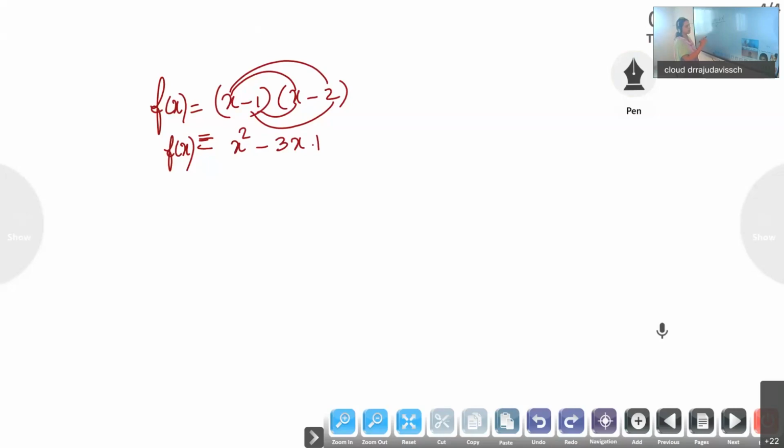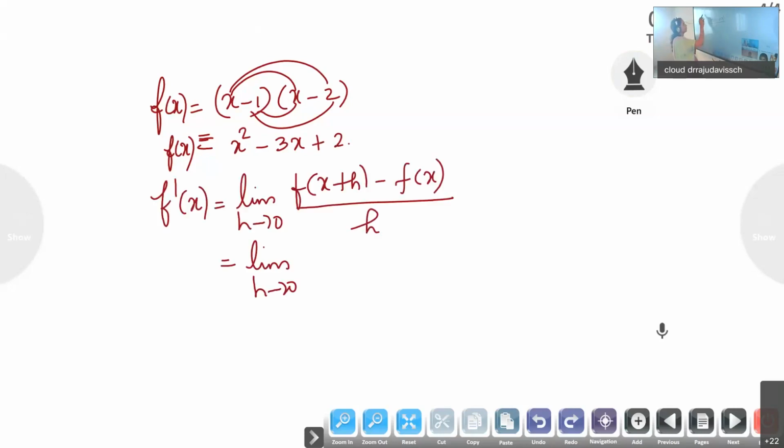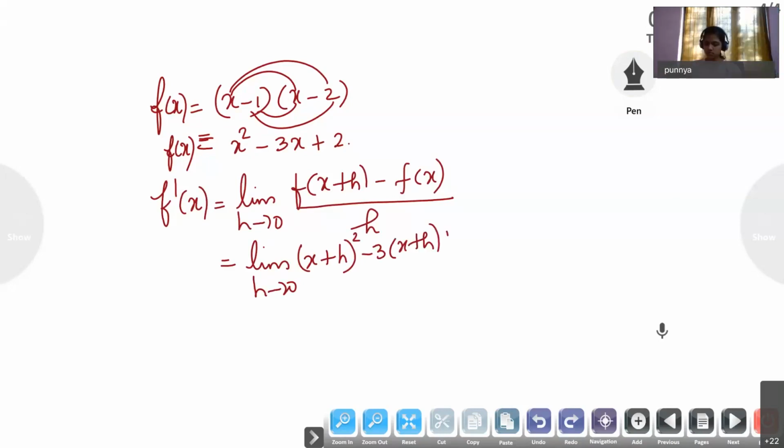What is f of x plus h? In the place of x, you have to put x plus h. So, what you will get? When you put x as x plus h, you get x plus h whole square minus 3 into x plus h plus 2, minus of f of x.